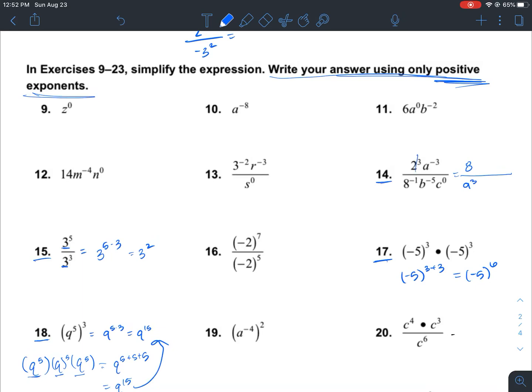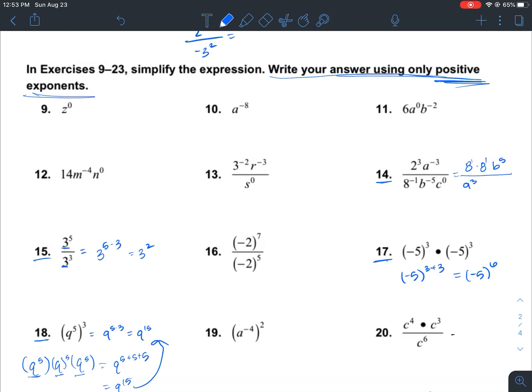We're just going to go term by term. Here we have another negative exponent, so let's move that up. Then we have times 8 to the power 1. We have another negative exponent here, which we can move up to the numerator, and the exponent is positive. And then this is raised to the power 0, so that's equal to 1.